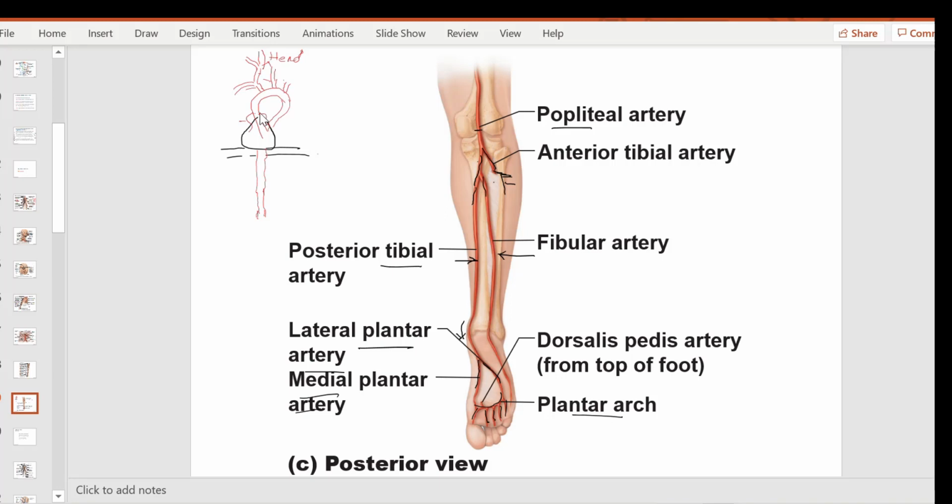Okay, and subclavian. Subclavian goes under the clavicle, and from subclavian we get three arteries. Vertebral takes the blood to the brain, then thyrocervical and costocervical, those three. Okay, and then subclavian goes to the armpit and becomes what? The axillary, armpit, and then to the arm it becomes what?